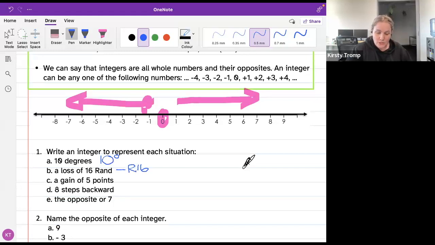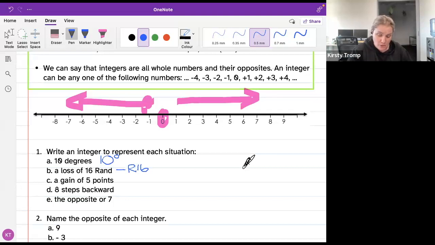Question C, a gain of 5 points. If I'm gaining something, is that going to be a positive or a negative? The word gain, what does gain mean? Good, it means a positive 5 points. Do I have to put the plus sign there?